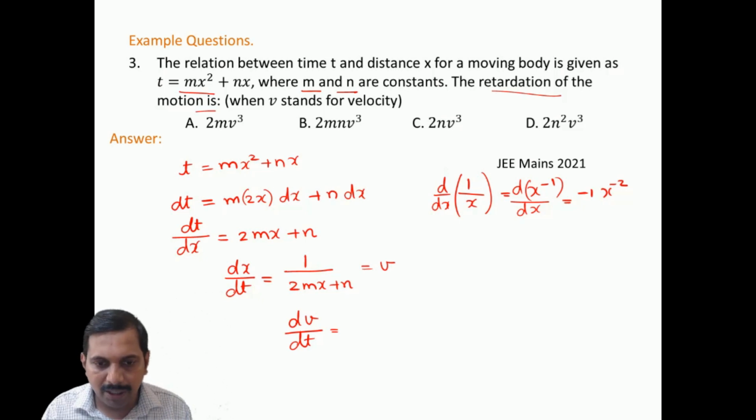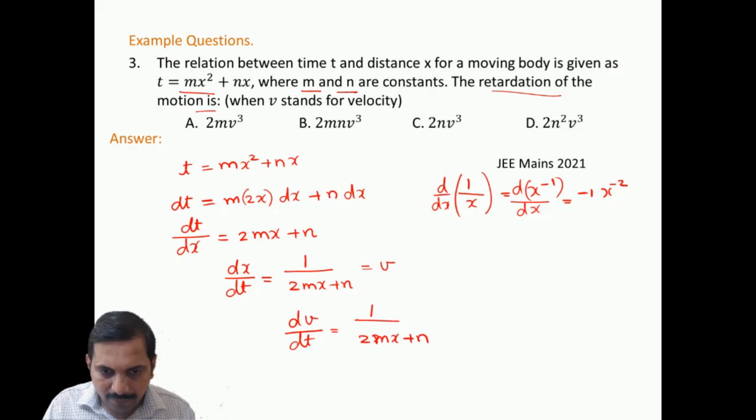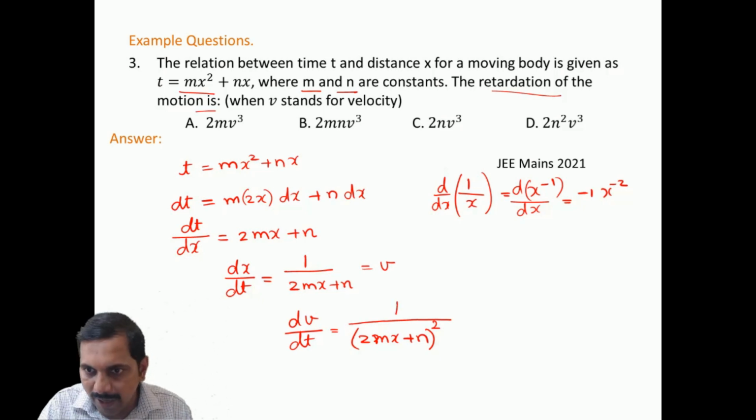So this one will become 1 by 2mx plus n, all squared, in the denominator, and then you have a minus 1 here, so that's why I put minus.